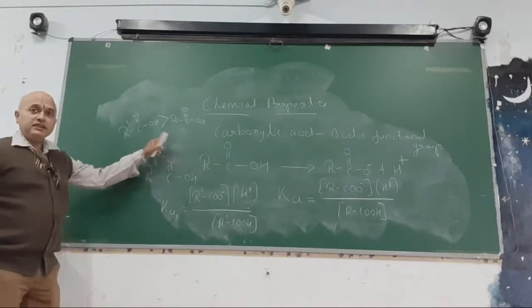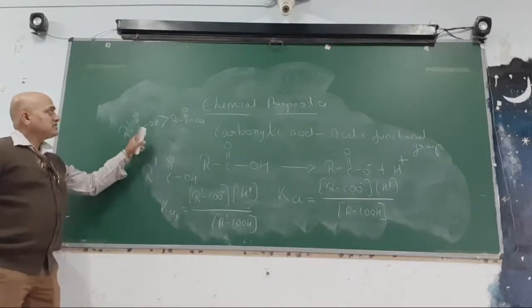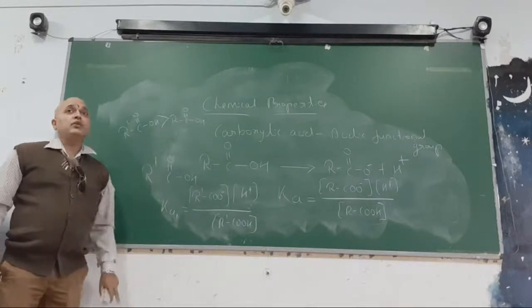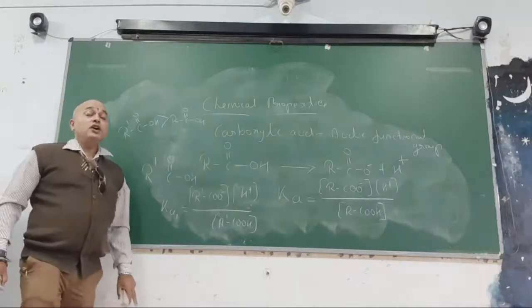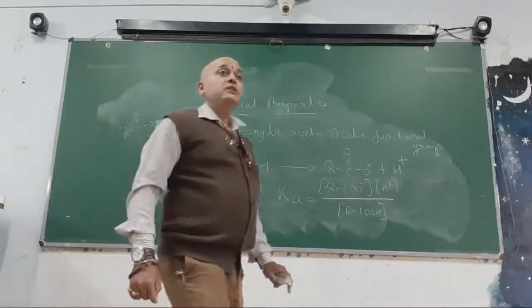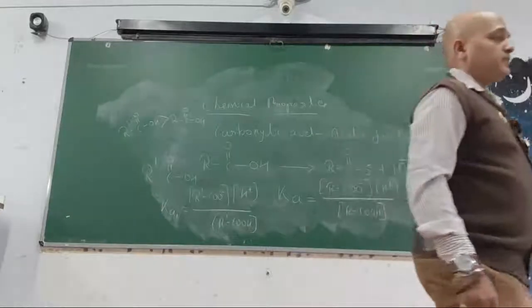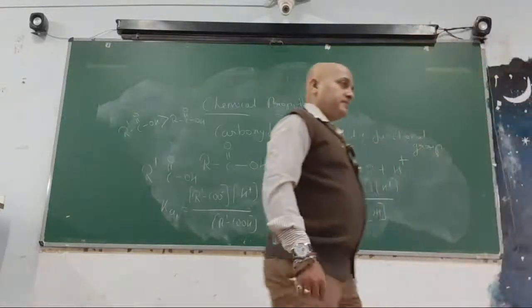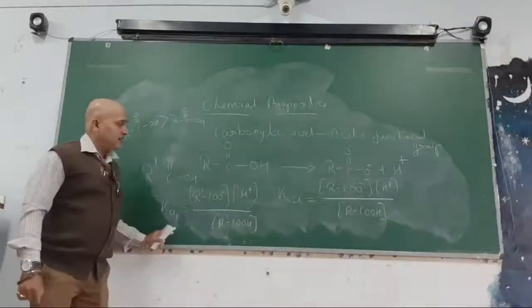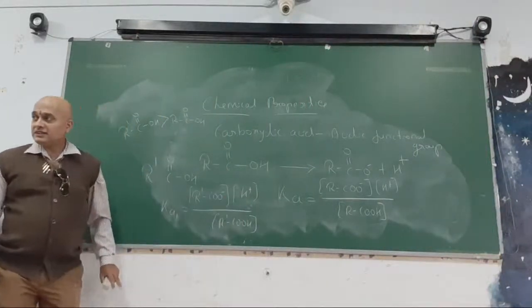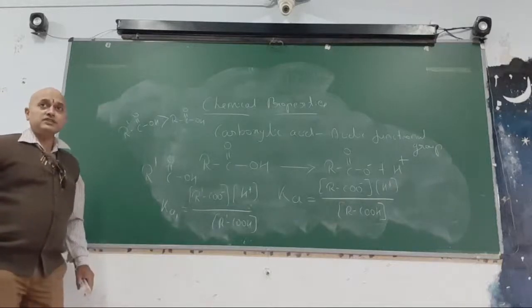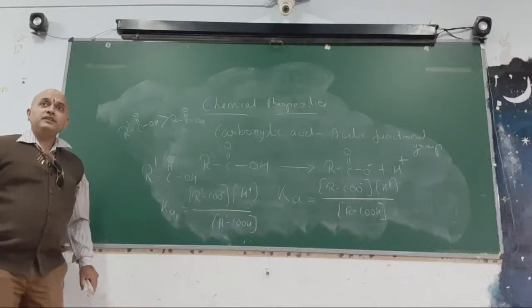Now I want you to tell me in terms of their Ka value, whose Ka value will be larger? Whether Ka1 will be larger or Ka will be larger? Okay, according to Mayan, Ka1 will be larger. All of you will agree with that? Or any other answer?